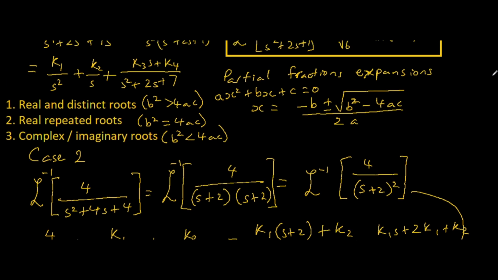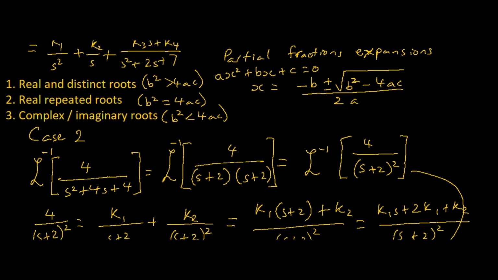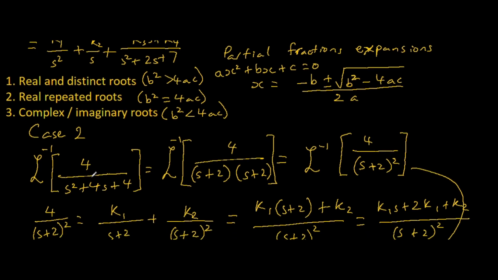Now, one thing I did not do is to show that the roots were repeated. So if you don't mind, let me show that here using this case 1 example. The case 2 example is obvious, but using this case 1 example, let's say we wanted to find b squared and 4ac. b is 4, so b squared is equal to 4 squared, which is 16.